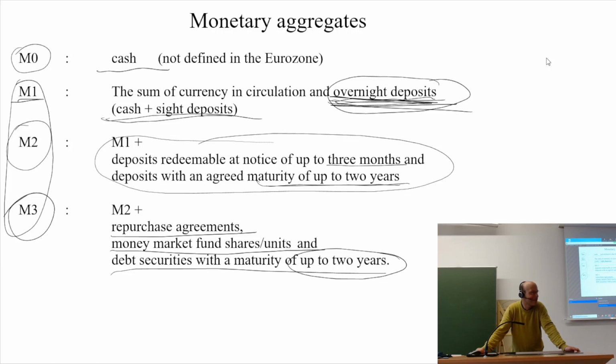Well, this was the huge problem we had in the financial crisis, because many of these investments the banks had in their portfolios, they had to downgrade overnight from AAA to investment grade to C or something like this.